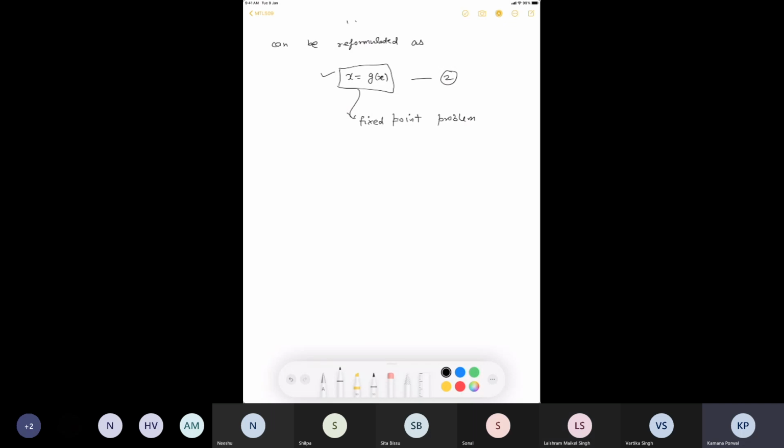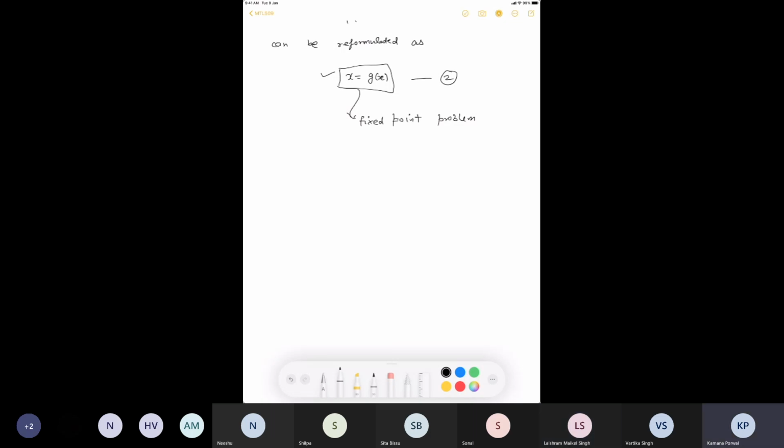How do we understand the fixed point of any function? Suppose here we are talking about the function g, right? So what is the fixed point of the function g? It's a point on the domain where the value of the function doesn't change. That means g(x) = x.